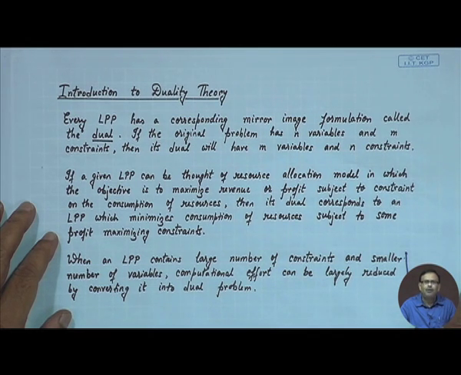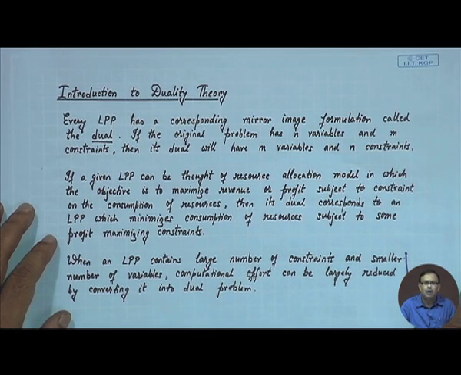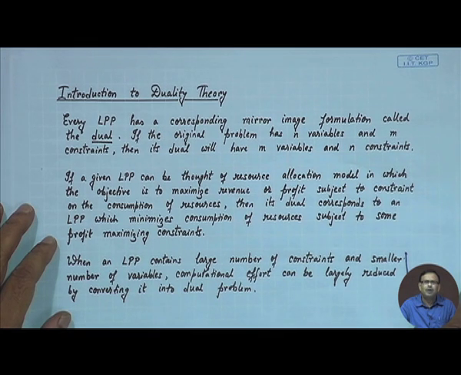So, one reason for going for the dual LPP is that if I have a large number of constraints, then finding the feasible solution of that large number of constraints is time consuming, and computationally it takes more time. Whereas, if I have a smaller number of variables and I convert it into the corresponding dual problem, then my large number of constraints will go to the minimization one, and since there were a smaller number of variables, the number of constraints will reduce.